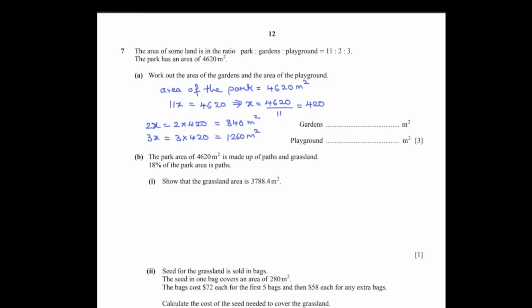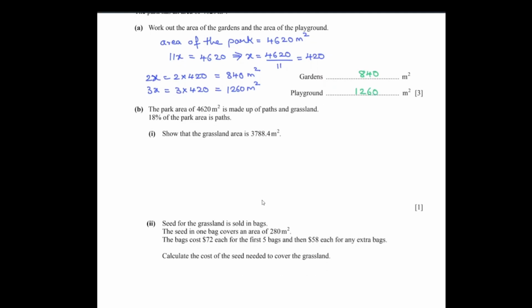So this is the answer. Garden is 840 and playground is 1260. Question number A is done.